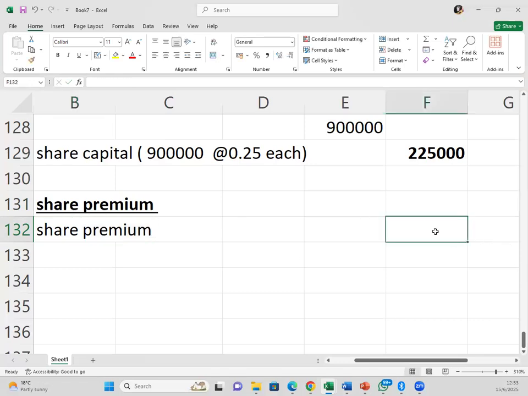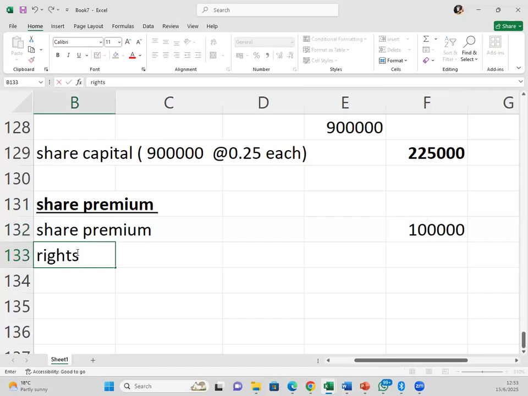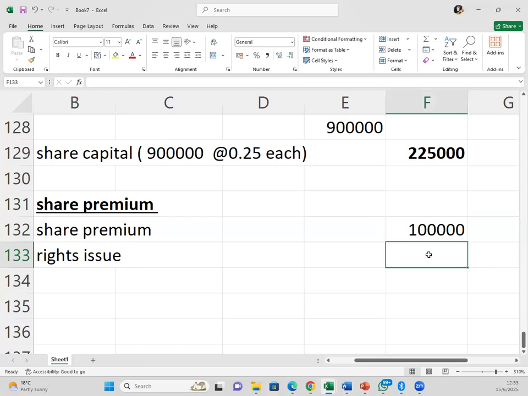We started with, what was the value of the shares? At the start, it's 100,000, yes. Then as a result of the rights issue, the share premium increased by how much? 187.